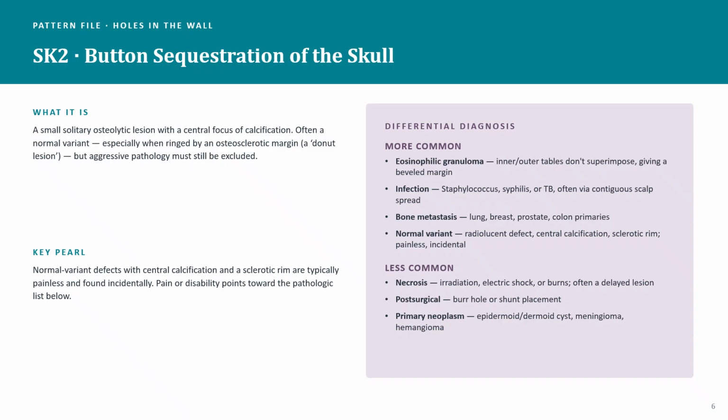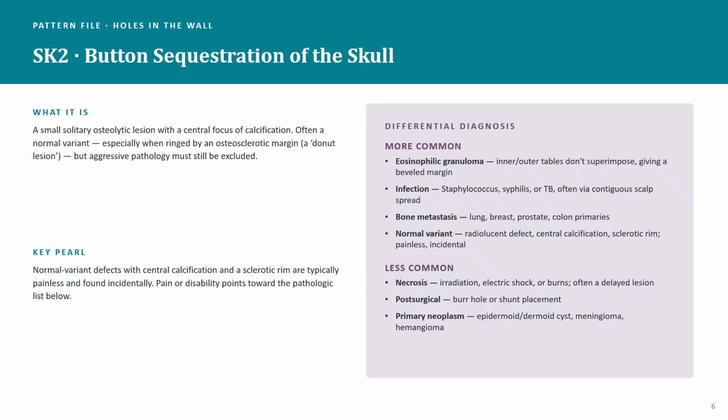It could be a result of bone metastasis from the lung, from the breast, from the prostate, or from other primary areas. Less commonly, it is due to necrosis, irradiation, burns, or some sort of electric shock. It is often a very delayed type of finding or presentation.